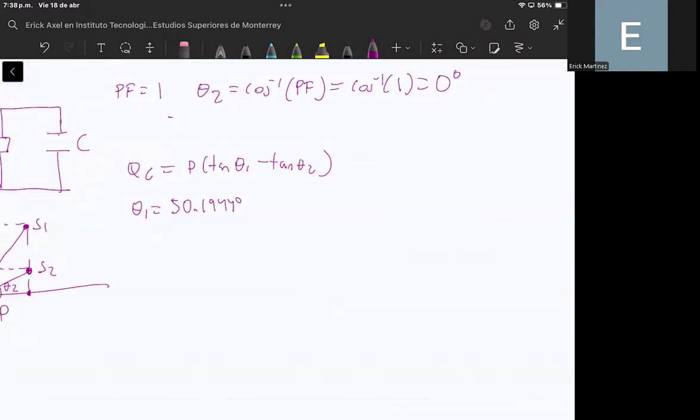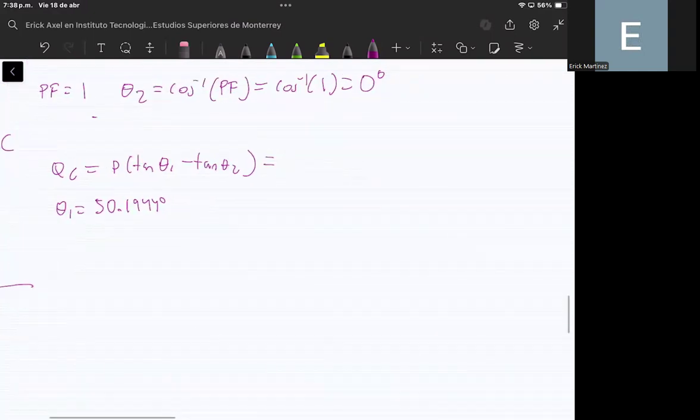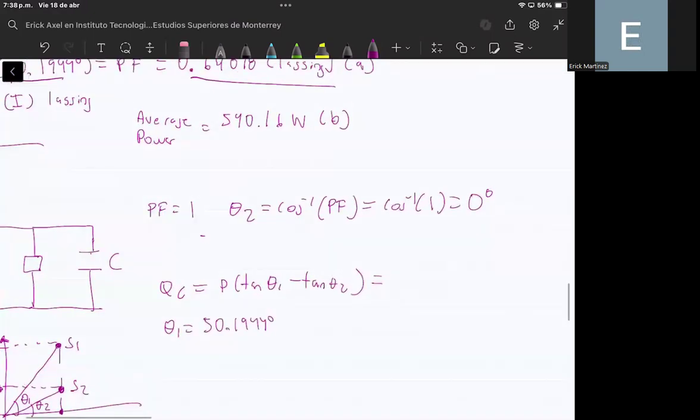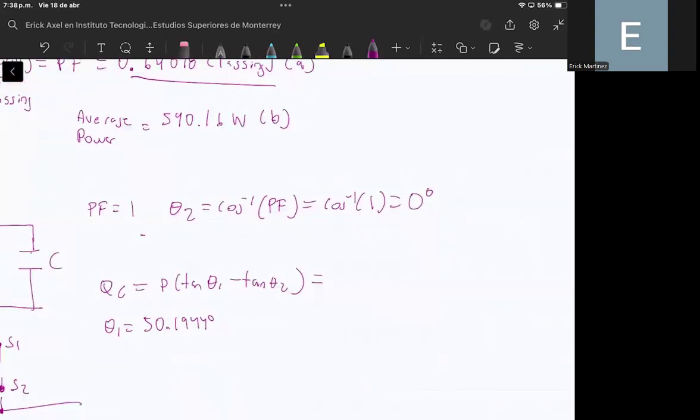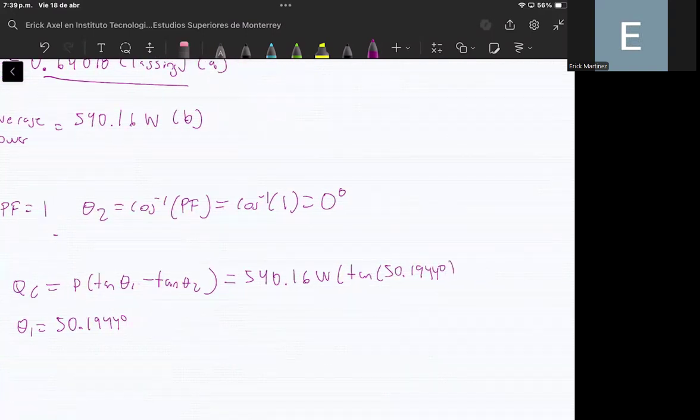So we can use this formula to compute the reactive power that the capacitor needs to produce. We know the real power, 540.16 watts, times the tangent of theta 1, that is 50.1944 degrees, minus the tangent of theta 2, that is 0 degrees.